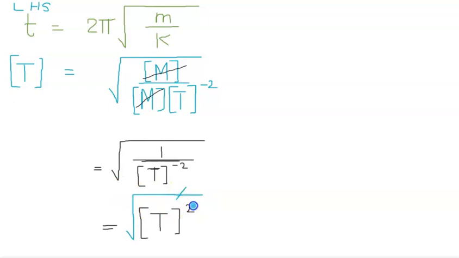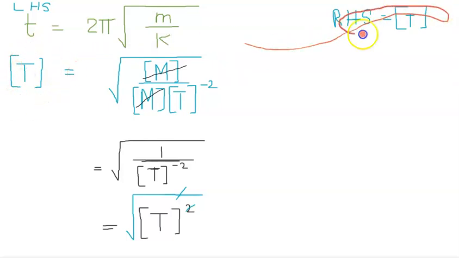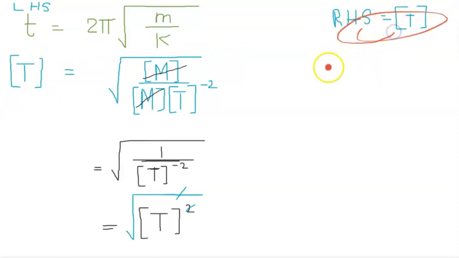Now this one and this one cancel as well. When they cancel, the dimension you get on the right hand side is also T. Now if we have a look, the dimension on the left hand side is the same as the dimension on the right hand side. Hence this formula is dimensionally correct. So that's a correct formula.